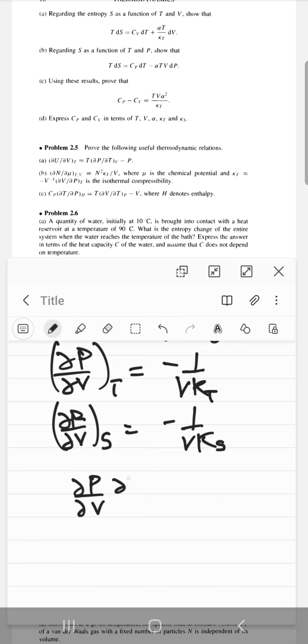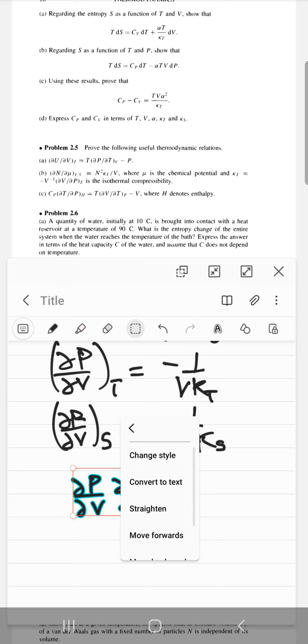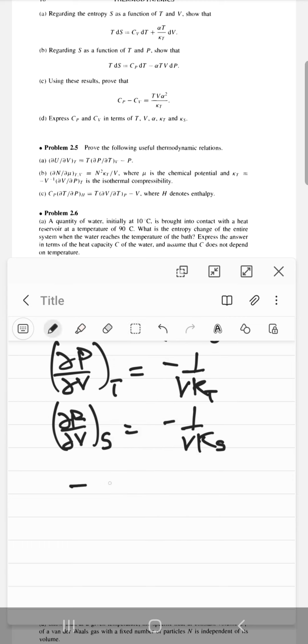So partial V by partial Y, partial S, what? Okay, this is actually 0. So minus T, partial T by partial X, so just partial T by partial V, and then partial S by partial Y, that's just 1.